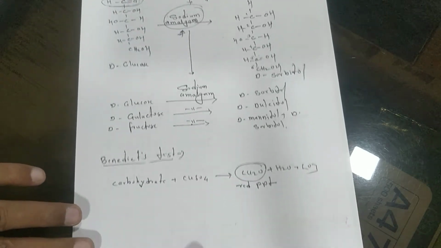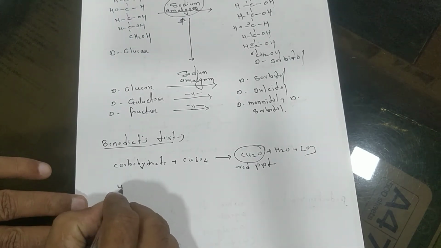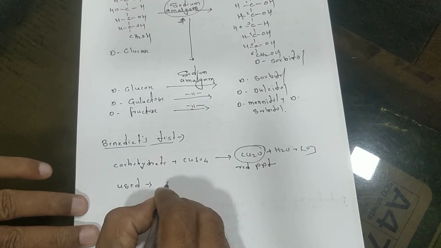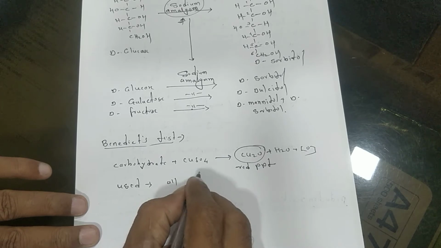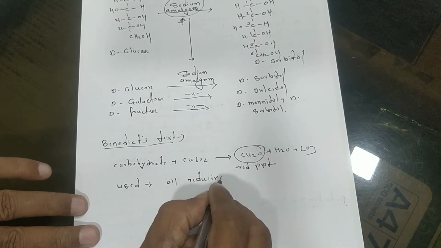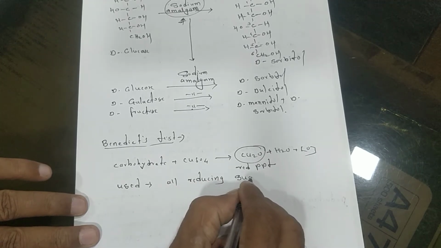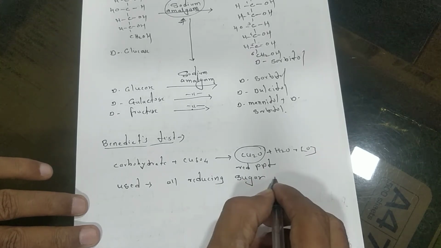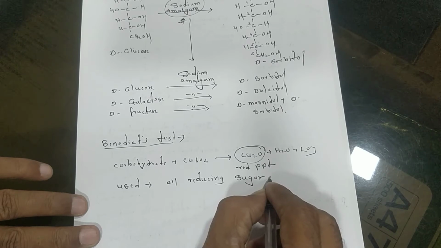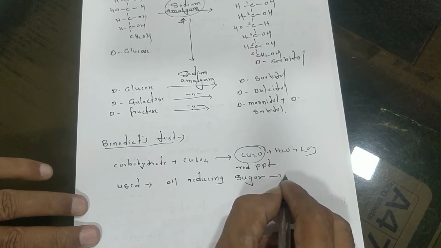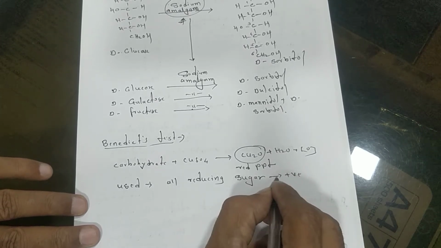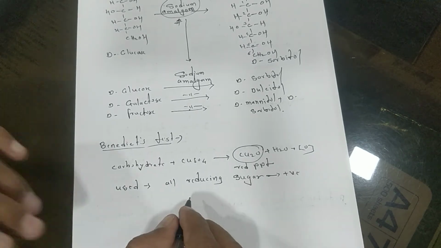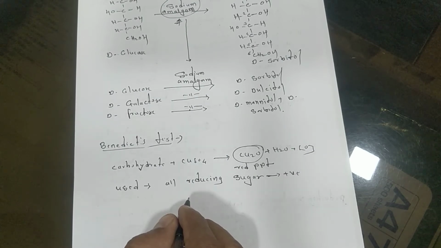The importance of the Benedict test is that it is commonly used, and all reducing sugars show a positive result.